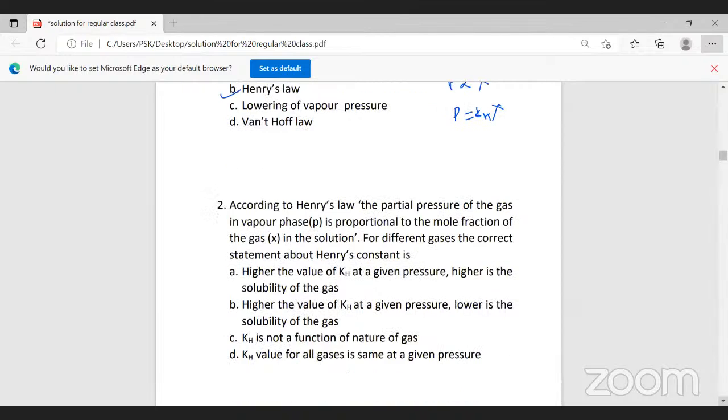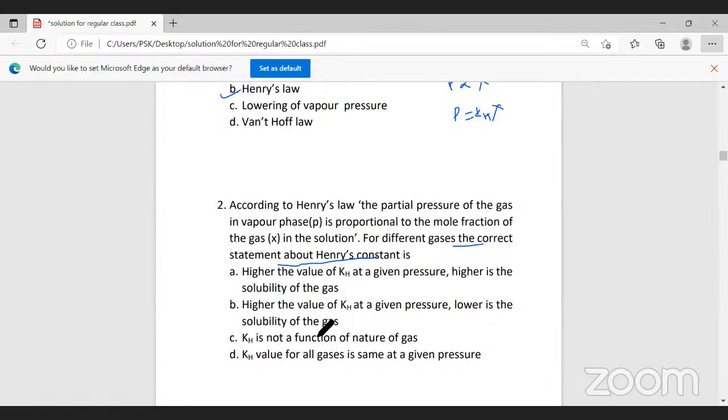According to Henry's law, the partial pressure of a gas in vapor phase is proportional to mole fraction of a gas in the solution. For different gases, what's the correct statement about Henry's constant? Higher the value of KH at given pressure, higher is the solubility of gas.